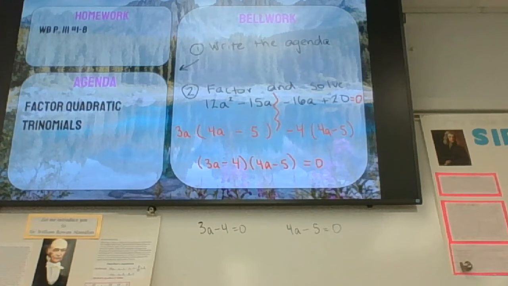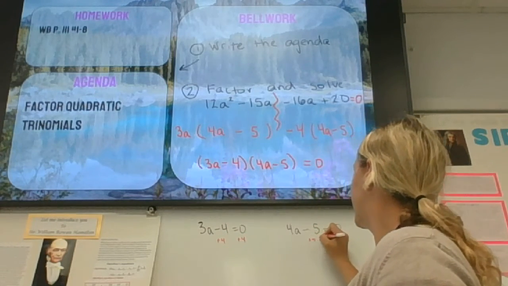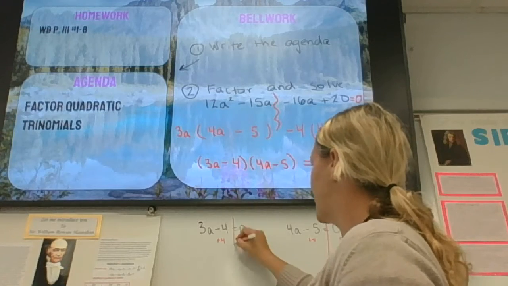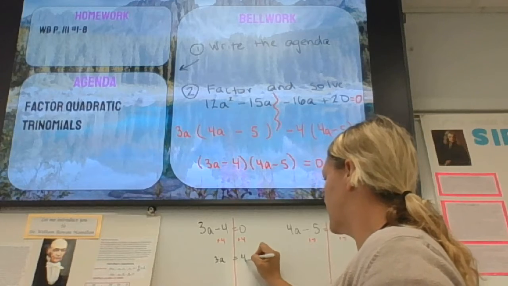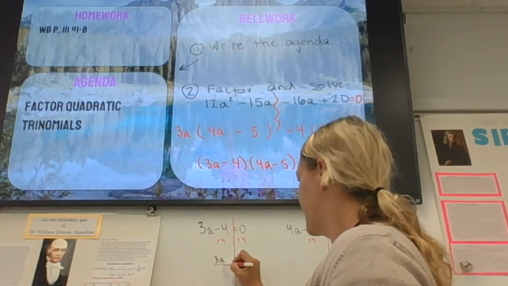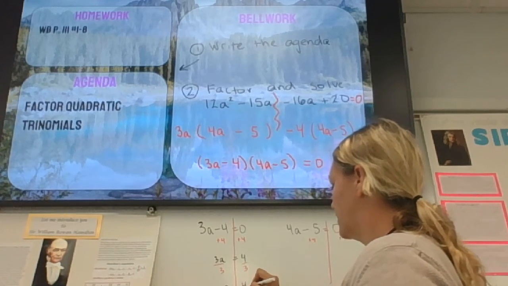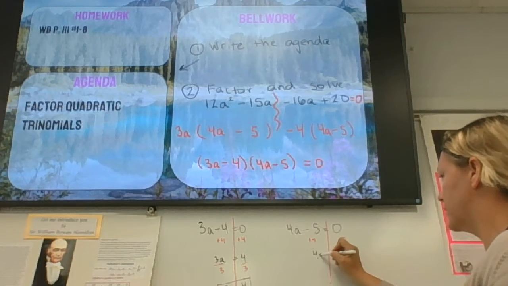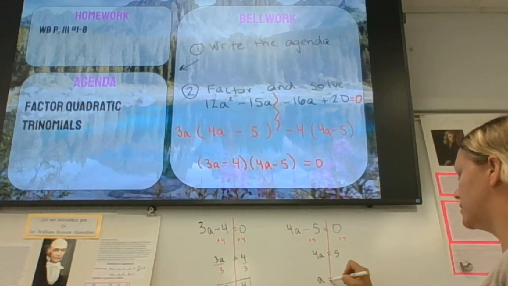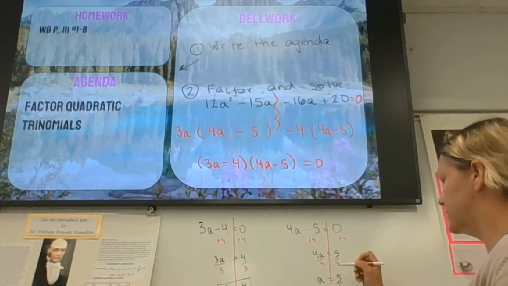Do your opposite operations to find out what A could be. A is 4 over 3. And A is 5 over 4. Two fractions.